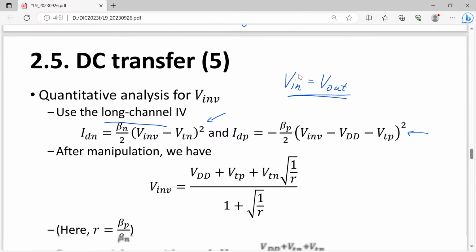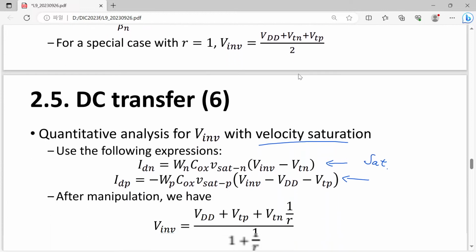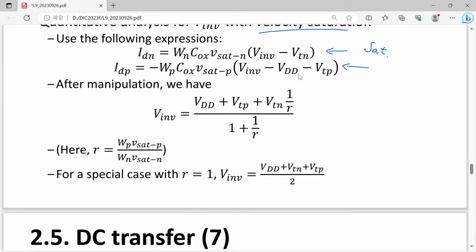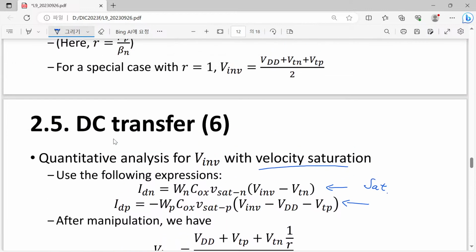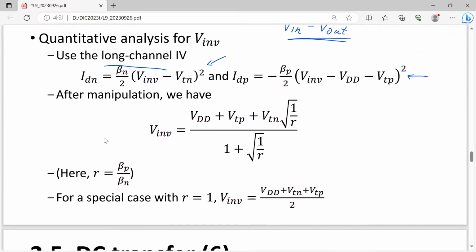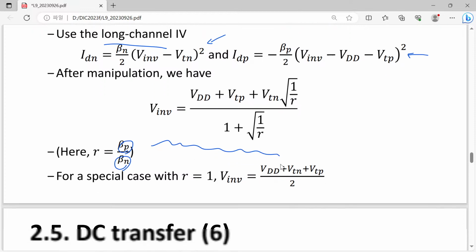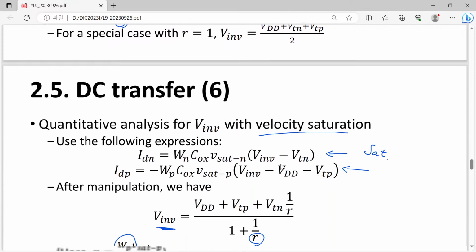So now you can see that the input threshold can be written as the ratio between our NMOSFET and PMOSFET. Also, here we have a certain ratio between our PMOSFET and NMOSFET, and that is the expression. So I will not cover the detail of these expressions.